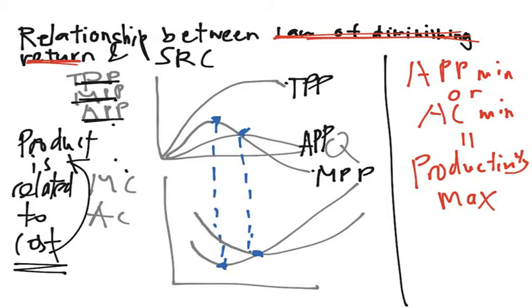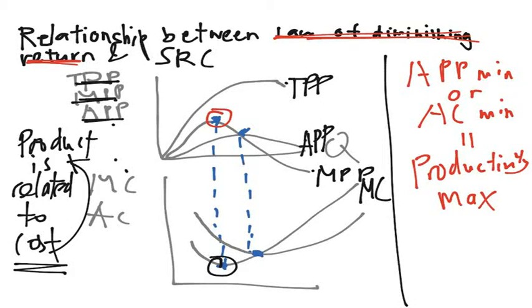Okay, so now if you can see here, when the marginal physical product is at its maximum over here, you can see that the marginal cost curve is at its minimum. The marginal cost curve is at its minimum.